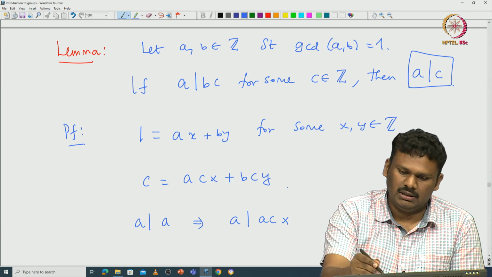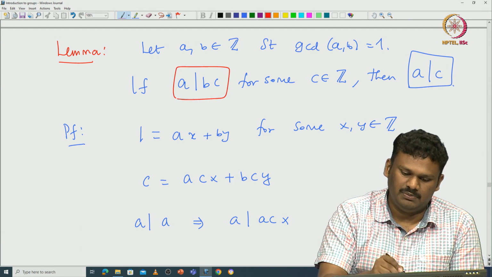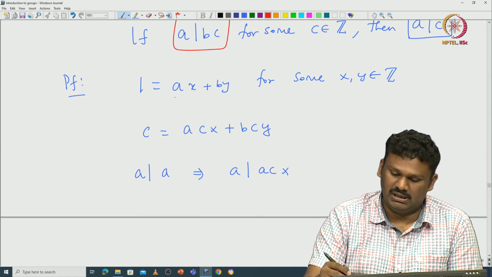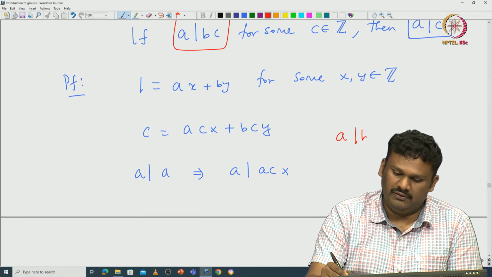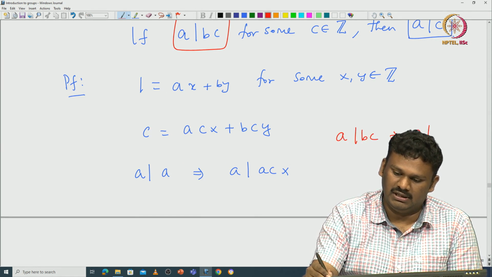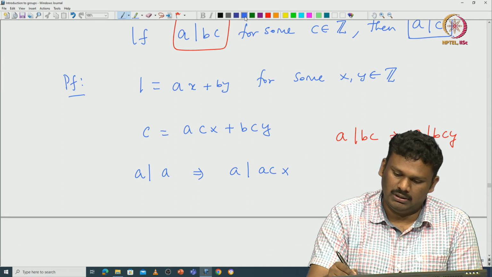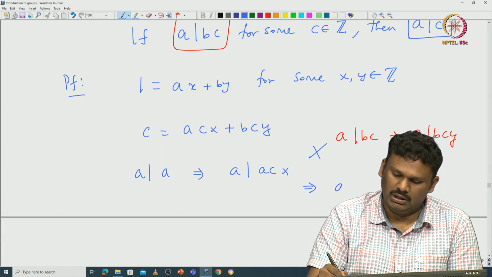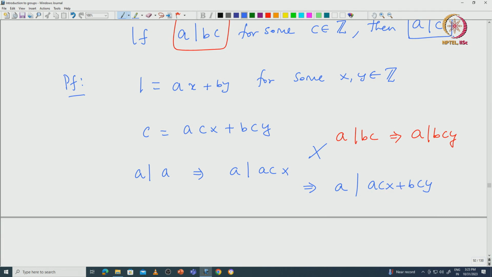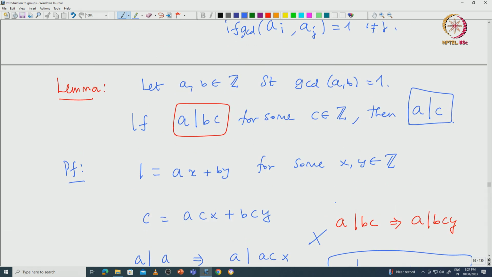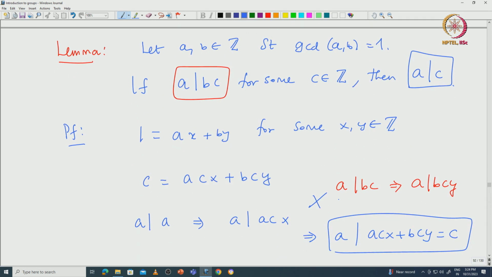Now what is given? Given is A divides BC. Since A divides BC, A divides BCY. Now if you put them together, A divides ACX plus BCY. And ACX plus BCY is exactly C, which is what we want. Okay. So if A, B are co-prime and A divides BC, then that must imply A divides C.